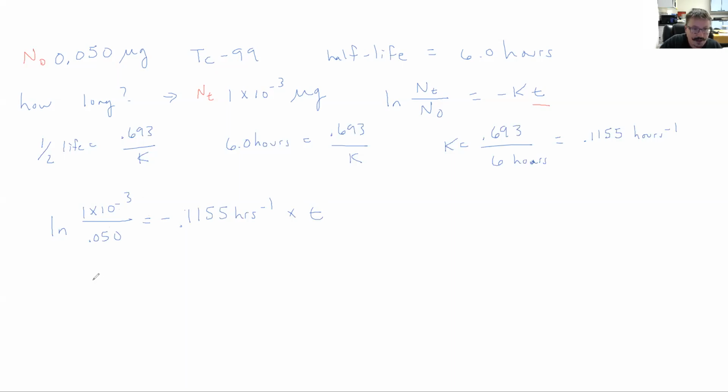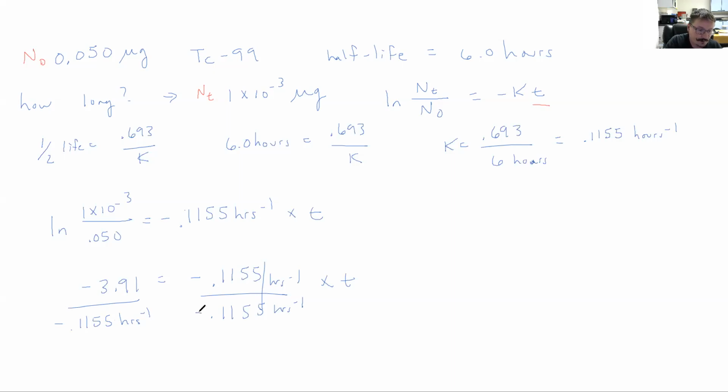And the natural log of that is negative 3.91. Divide both sides by that. So of course, if we're dividing by something that has units of per hour or reciprocal hours, our final thing will be in units of hours.